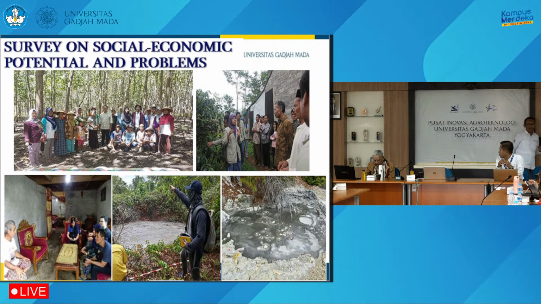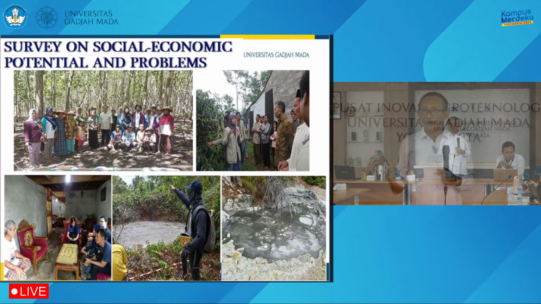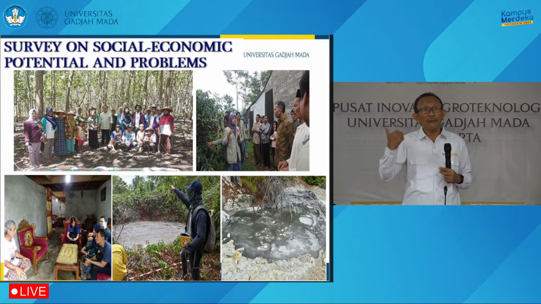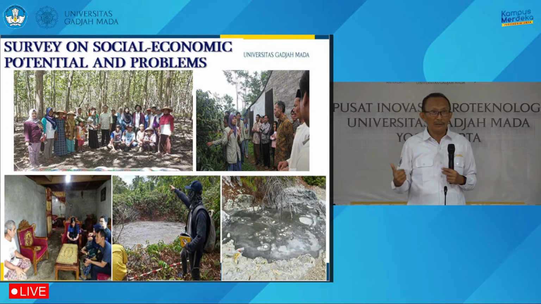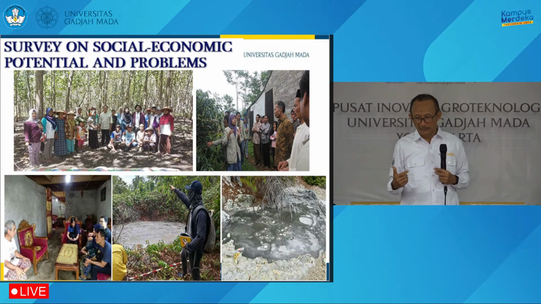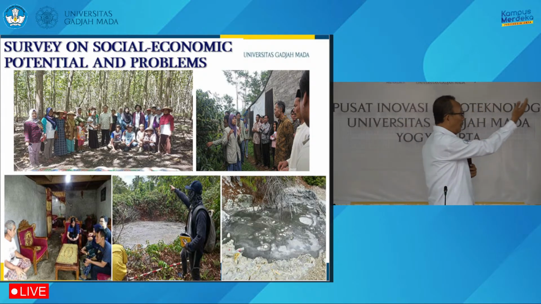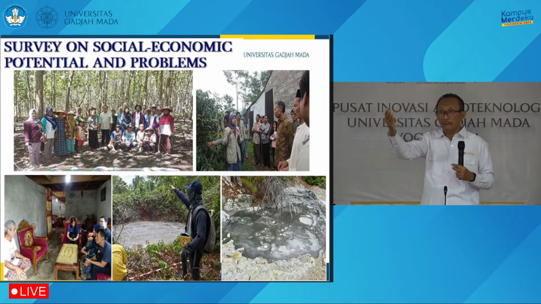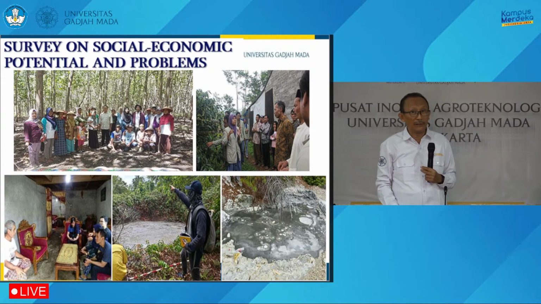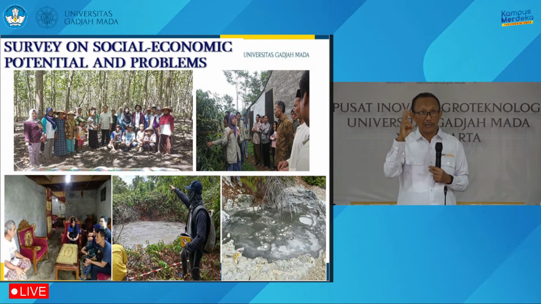So this is potential. Then what is the problem? Most of the time, the problem is that we could not sell the coffee at a good price. So they have to find what kind of problems are faced by the people. Or they may come to every house in a village for 2 months, because they have 2 months there with 20 to 30 students.